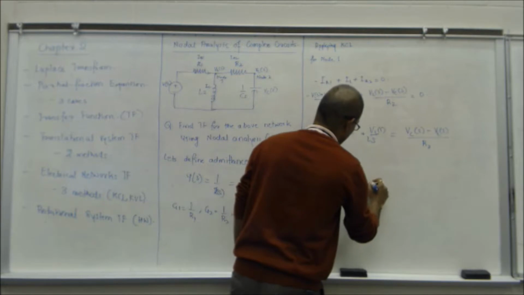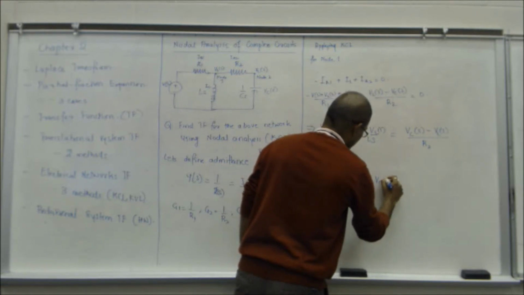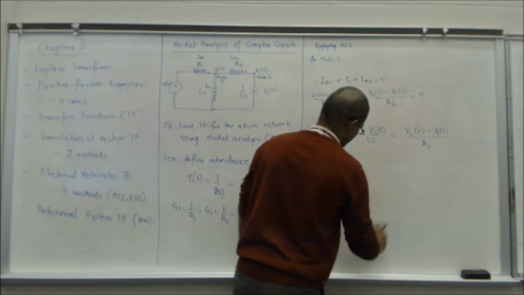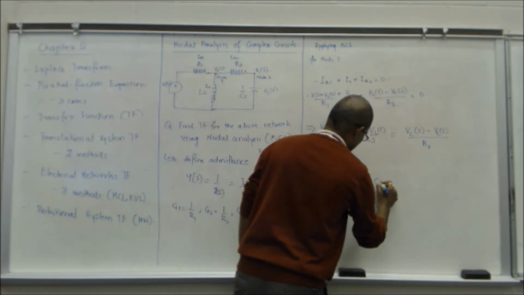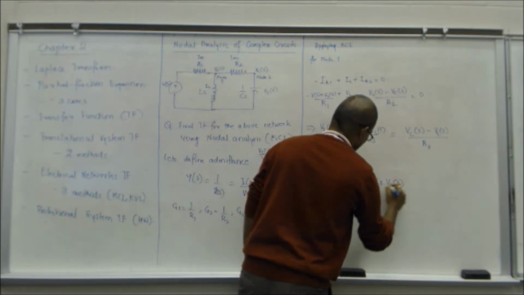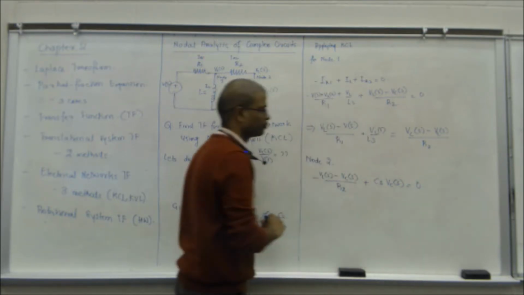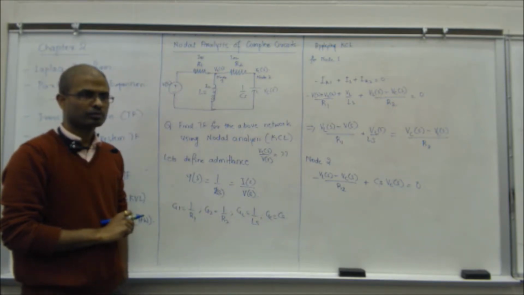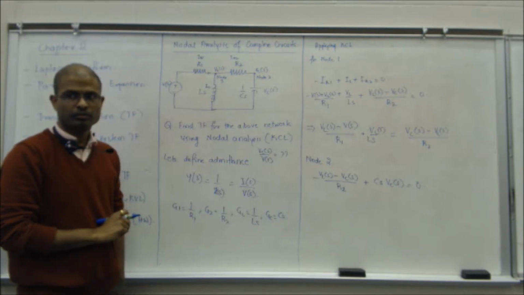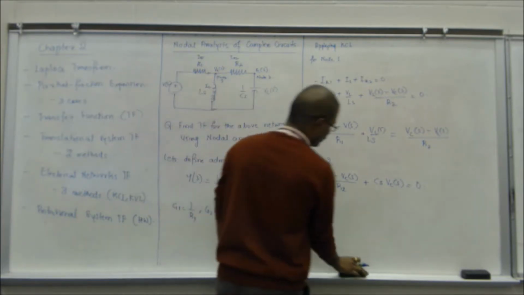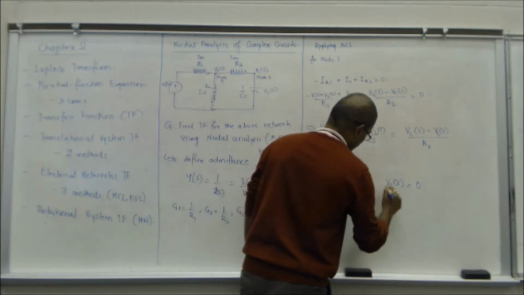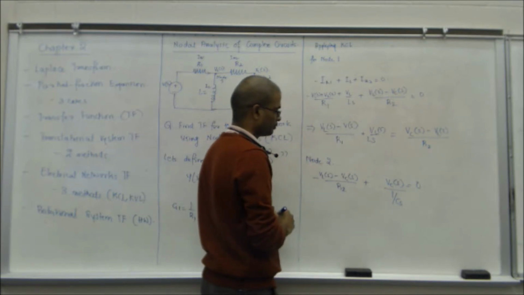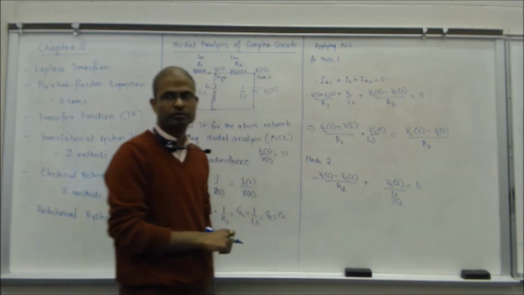Plus VC. This is VC of S over 1 over C S, right? So the C S jumps to the numerator.